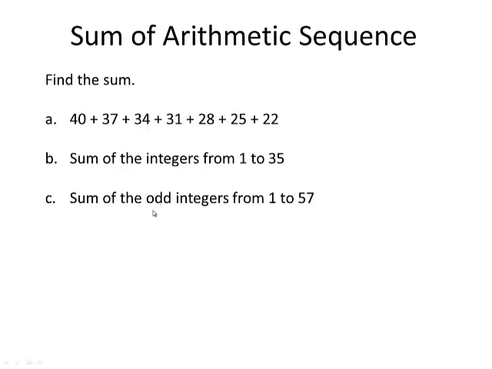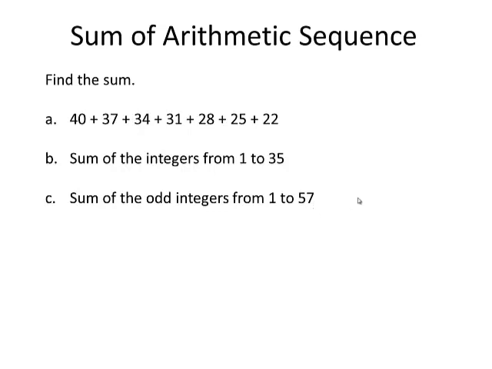Not going to go over these right now, except maybe this one right here, the sum of the odd integers. We can go 1, 3, 5, and so on. So it'll be 1 plus the last one, which is 57. That's 58. And just pick how many pairs of numbers did you have. Okay, that's kind of the tricky part, because from 1 to 57 would have been 57 numbers, but you have every other one.